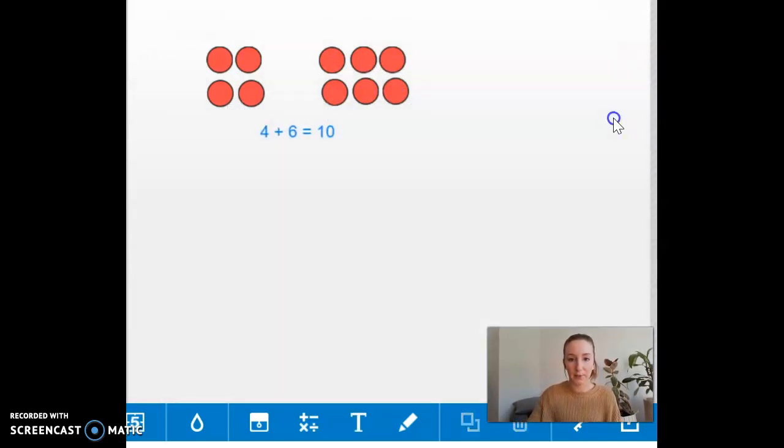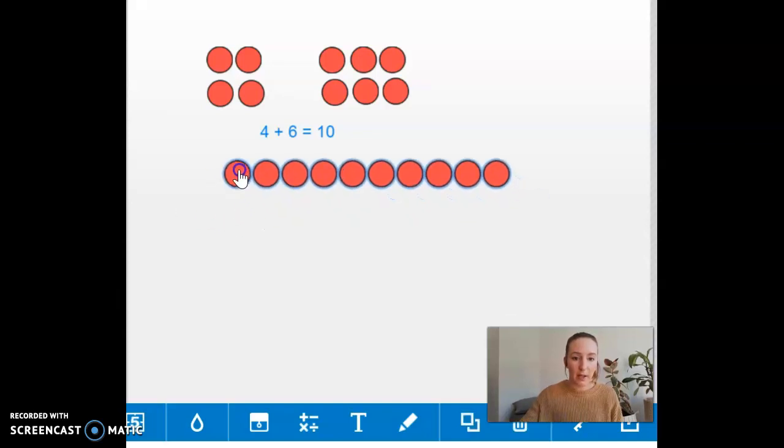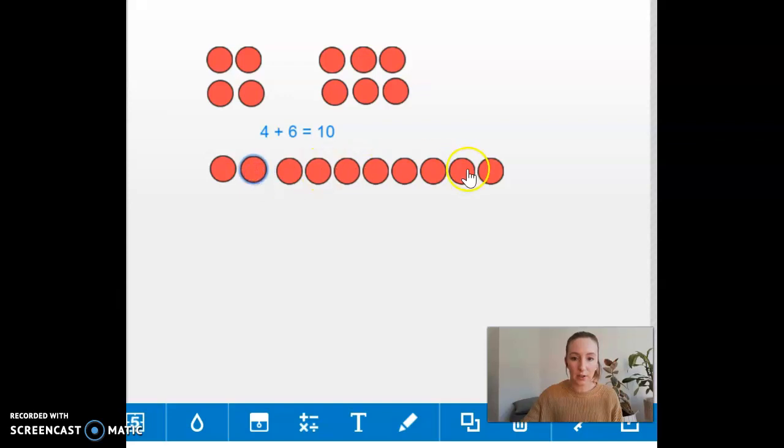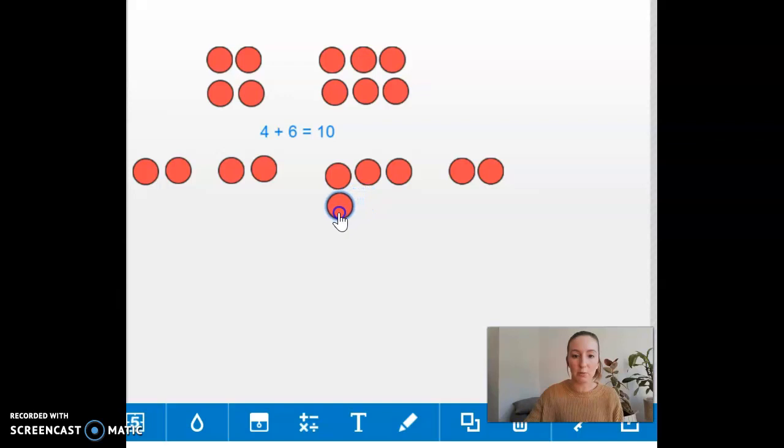Pop that here. But I know that I can break 4 up into 2. Let's move this over here. I can break 4 up into 2 and 2. So I know 2 plus 2 equals 4.